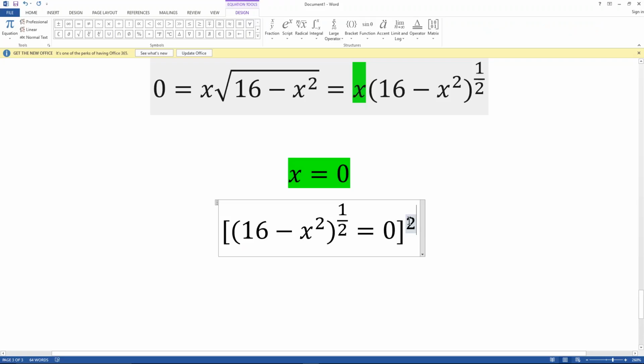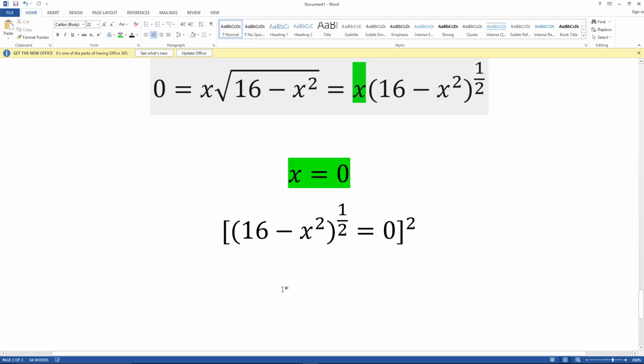What happens when I say 2 times 1/2? That cancels, leaving you just with 16 minus x squared. And what is 0 squared? 0.